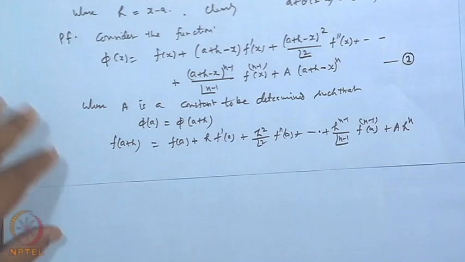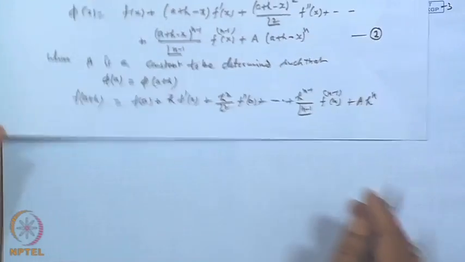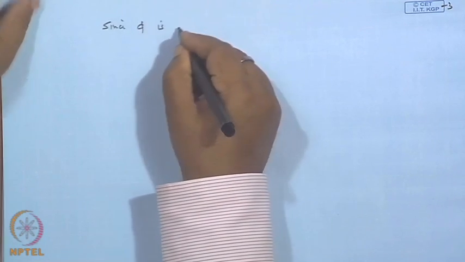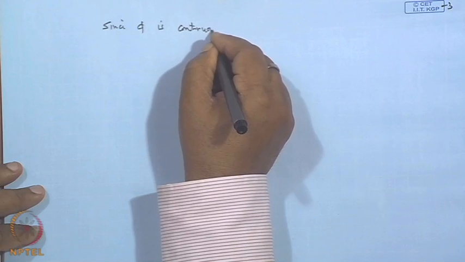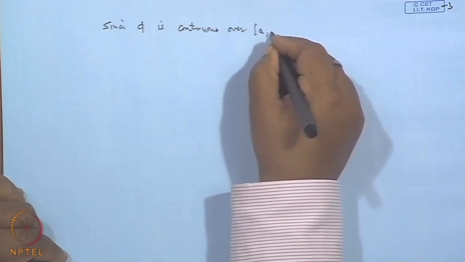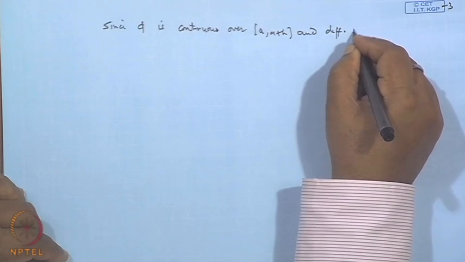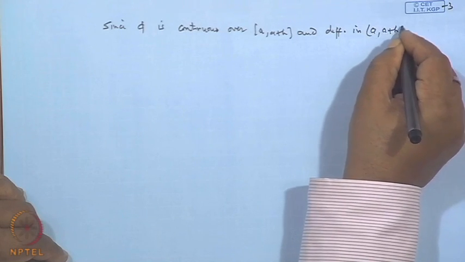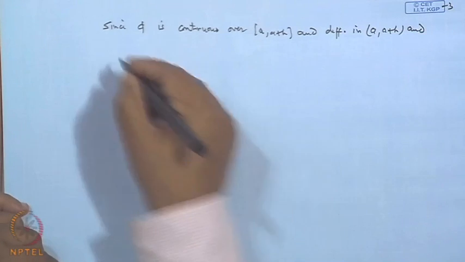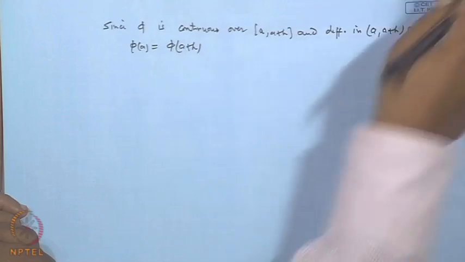Now, the function phi is a continuous function over the interval a to a plus h and differentiable in the open interval a to a plus h, and also satisfies the condition phi(a) equal to phi(a plus h). Why?